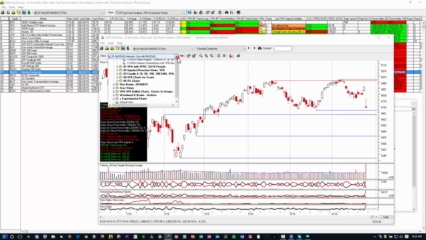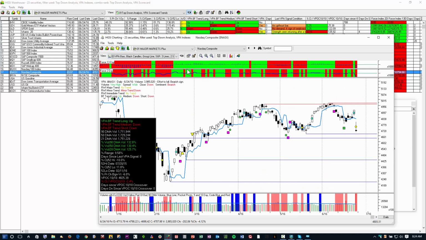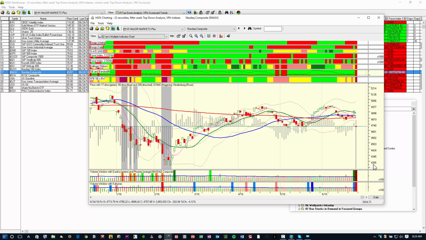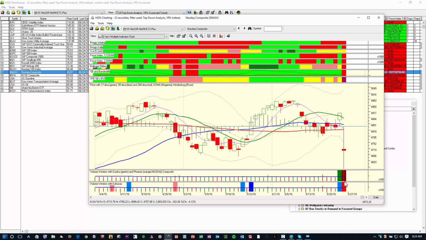But let's go down to the chart that Ian put together many years ago, and this is something I have never seen. On Thursday, we had a strong Eureka and a Kahuna.